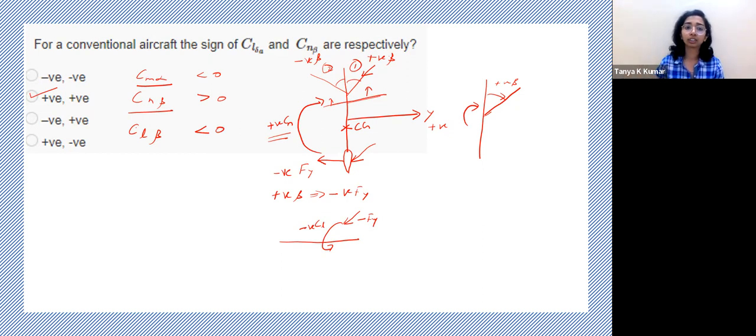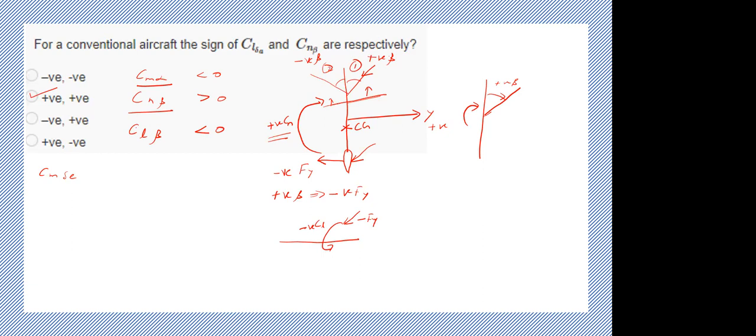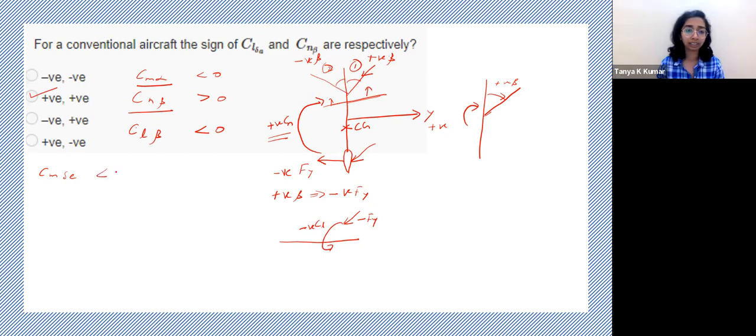So this is as far as the stability derivatives are concerned. Now let's look at the control derivatives. The first one was Cm delta E. Was this positive or negative? If you deflect your elevator down, will it generate a pitch up or pitch down motion? Pitch down, ma'am. So your Cm delta E is negative.